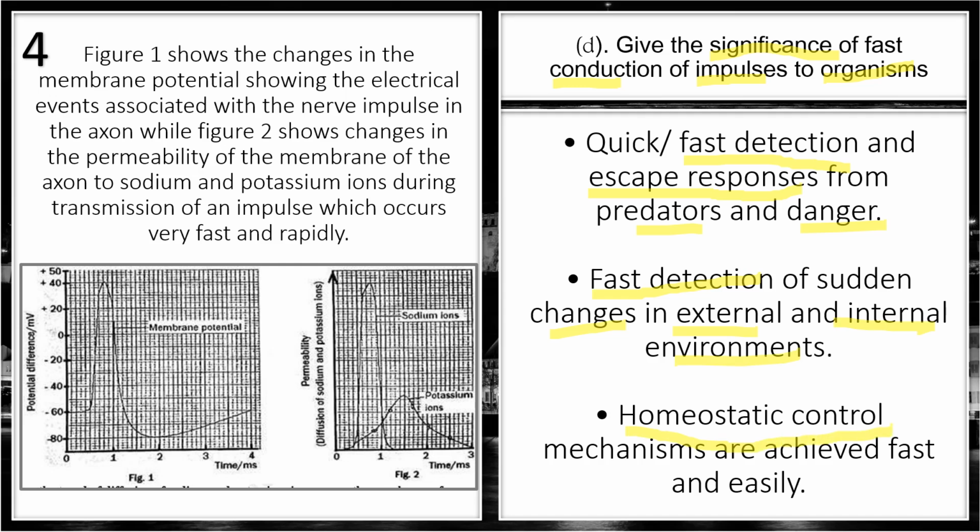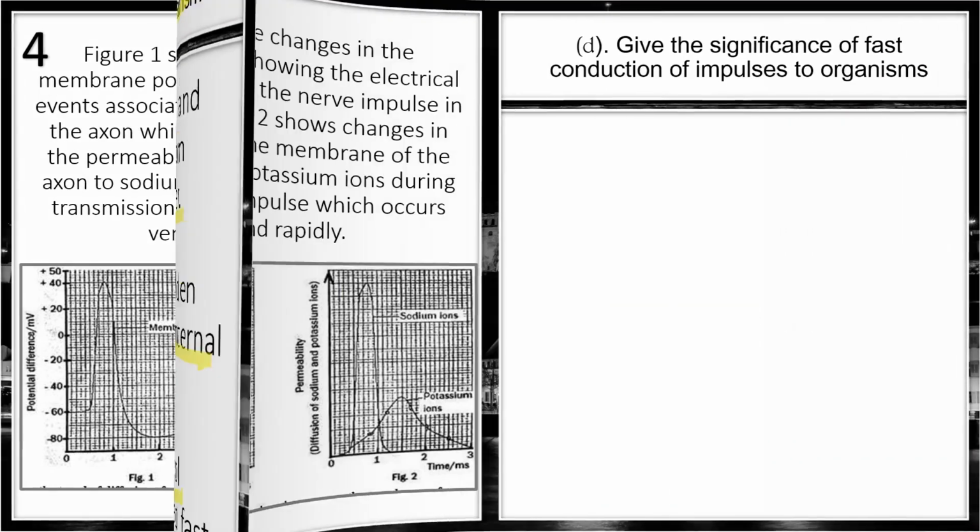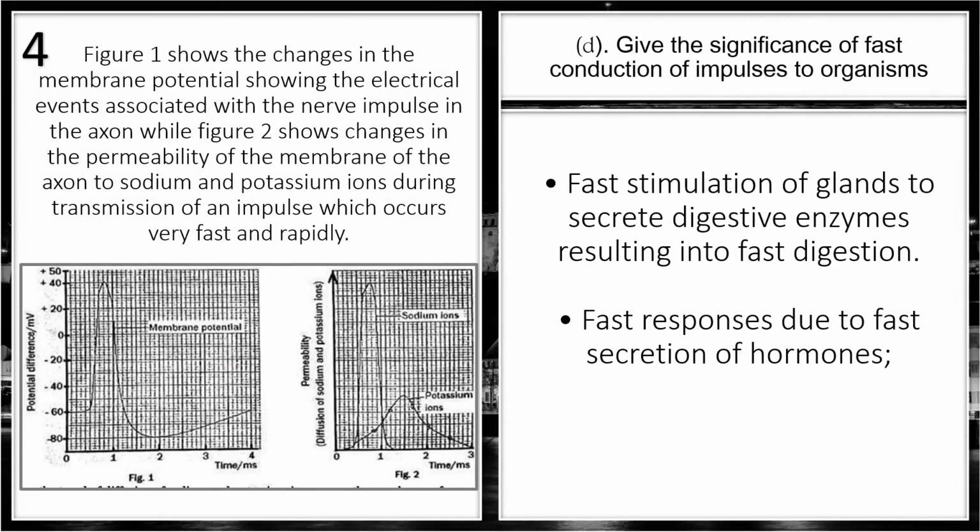Homeostatic control mechanisms are achieved fast and easily. There is fast stimulation of the glands to secrete digestive enzymes, resulting in fast digestion. There is fast response due to fast secretion of hormones.